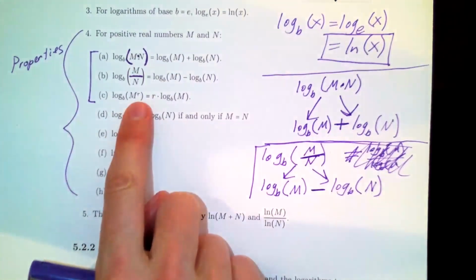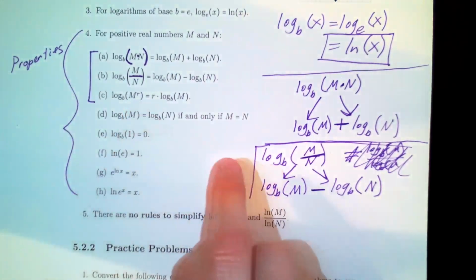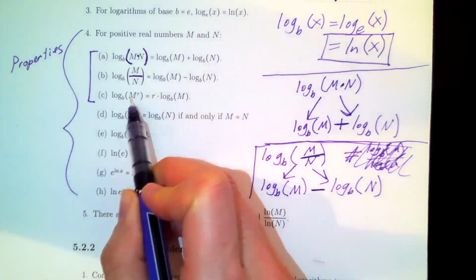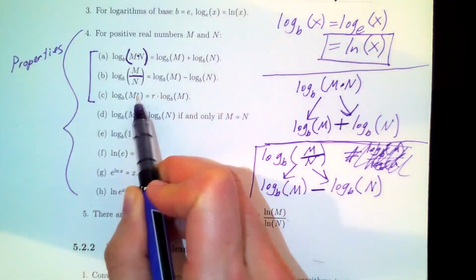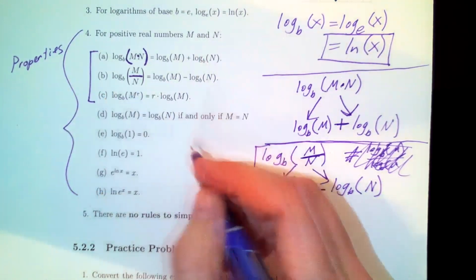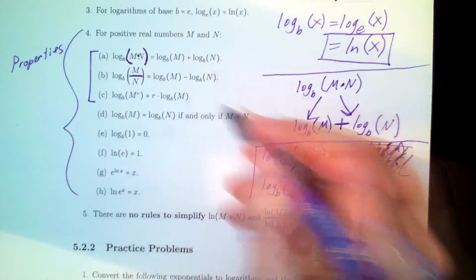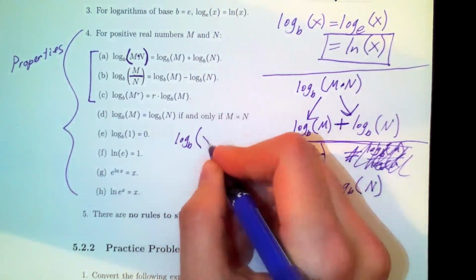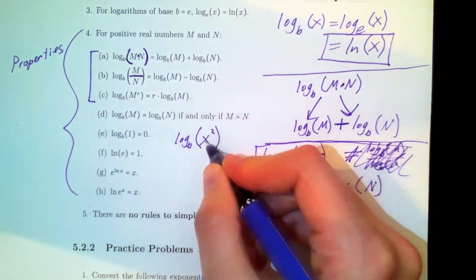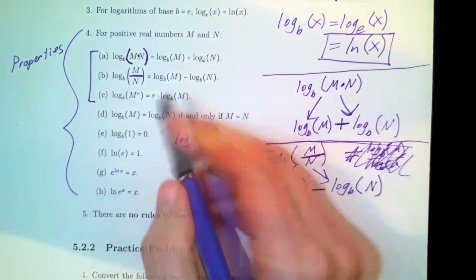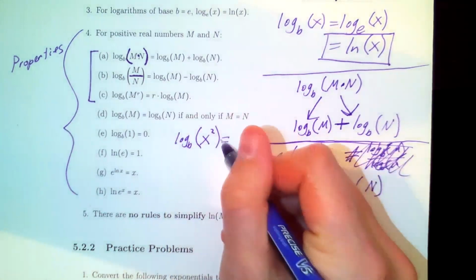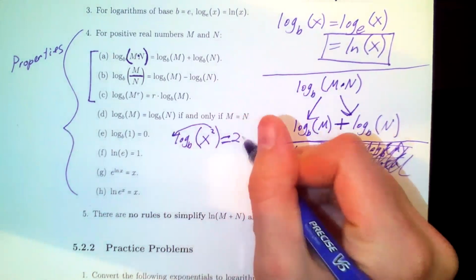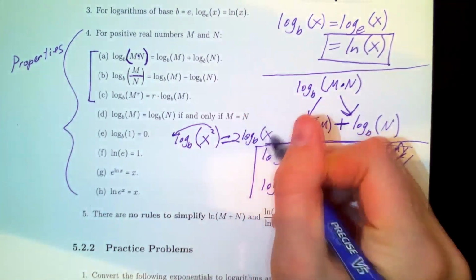Our next property, which is again very different and unique to logarithms, is that whenever you have a power on something inside your log, that power can be brought down and treated as a constant. So for example, if I have log base b of x squared, where that square is on the x, by this property this is the same as saying, where I brought the 2 down, 2 times log base b of x.